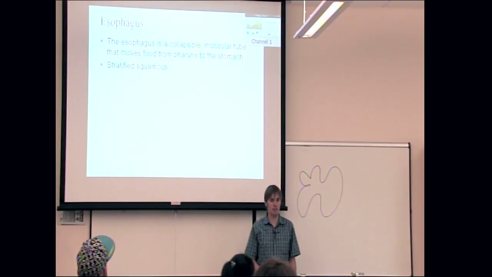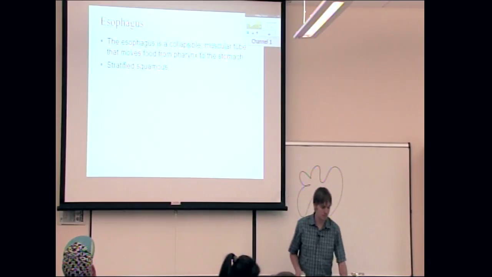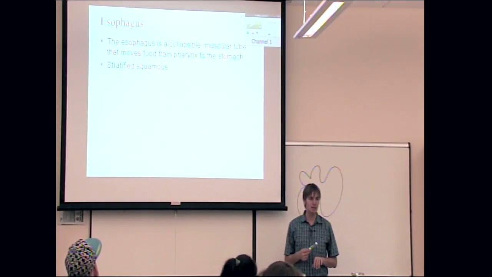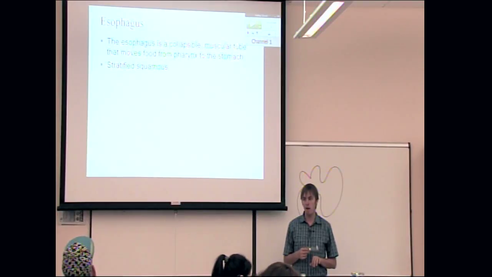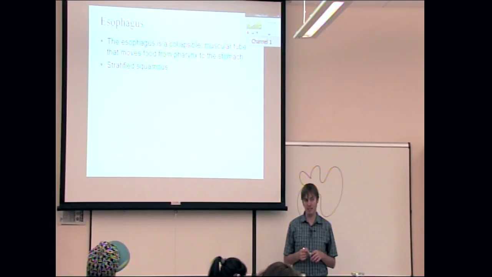It's kind of annoying because it probably looks like a square in your book, but that's not really an accurate description, fortunately. So squamous means like a flat little pancake, very thin. I guess if you looked at it from above, maybe it would look like a square.